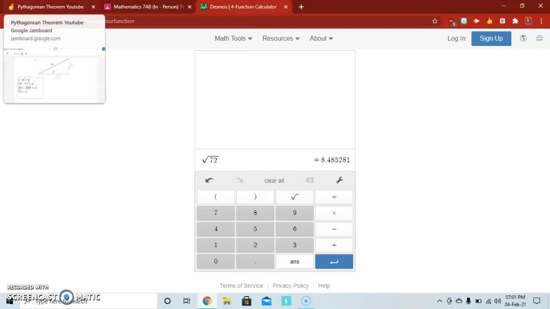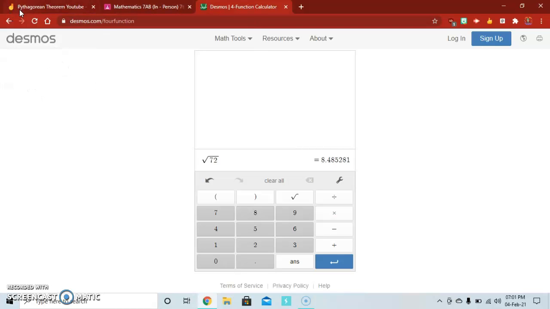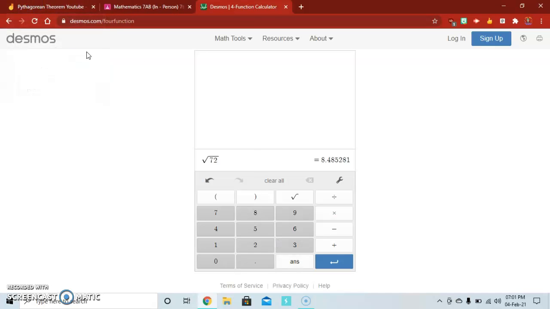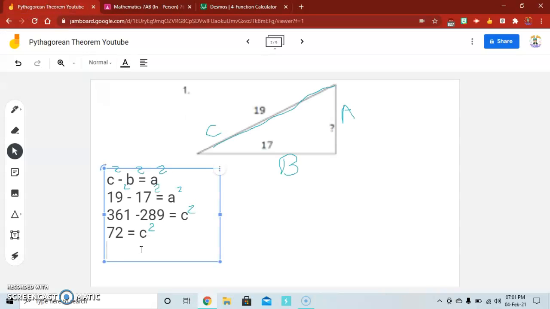But in this case, we're just going to type in the two numbers after the decimal point. So the answer is going to be C without the squared equals 8.48. And that's how you solve for c squared minus b squared equals a squared.